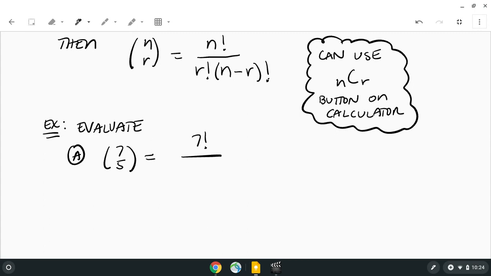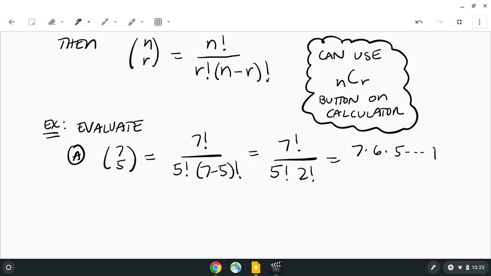And then r is 5. So 5 factorial here, and 7 minus 5 factorial. Okay, so we're going to work this out. 7 factorial over 5 factorial, 2 factorial. Okay, so 7 times 6, and then the rest of it will cancel with 5 factorial, right?